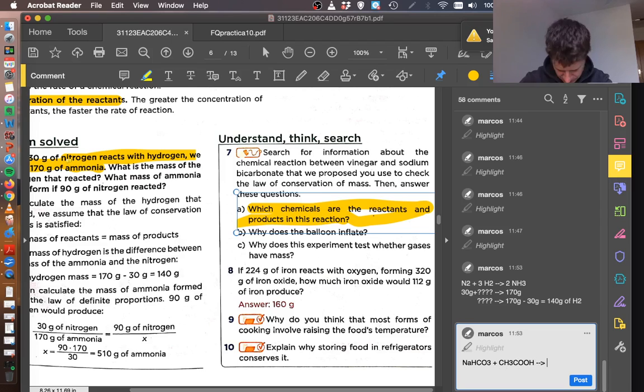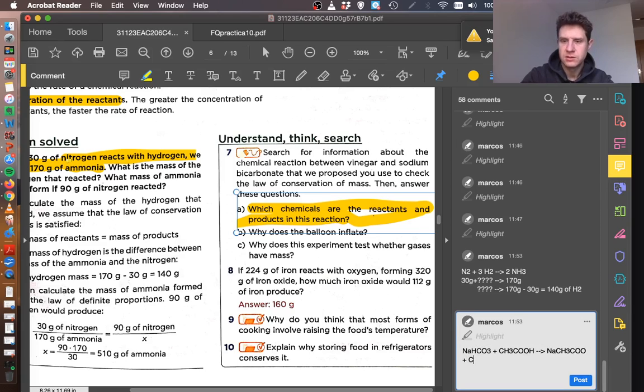And we have as a result NaCH3COO plus CO2 plus H2O. Yes, that's it. This is the reaction.